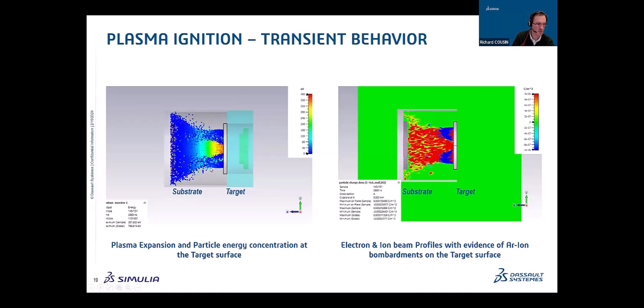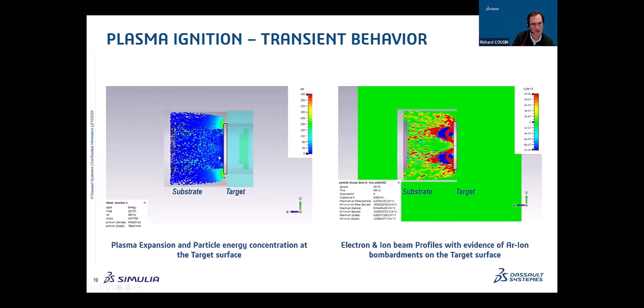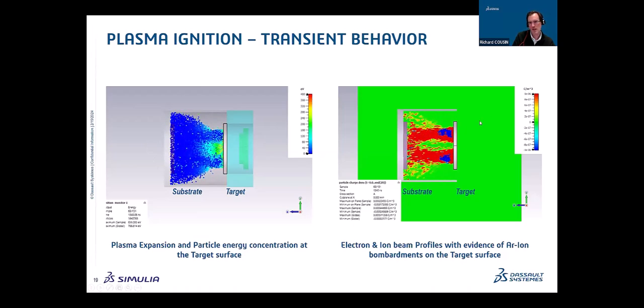You can also see the plasma expansion with the particle energy concentrations, which are mainly concentrated close to the target, because this is where we would like to extract the atoms to then be deposited on the substrate.